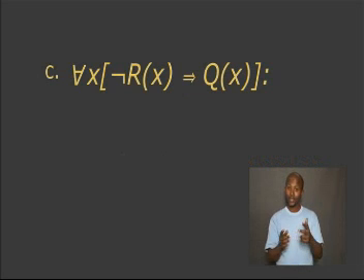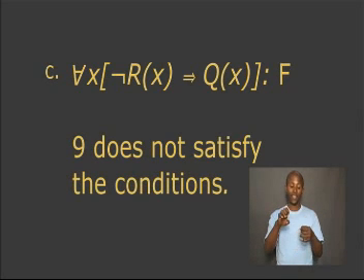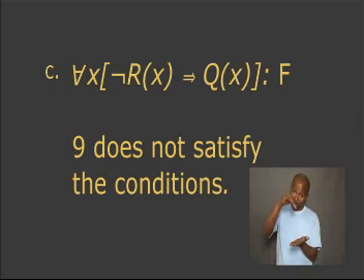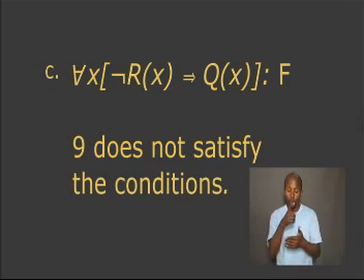The third statement says, for all x, if x is not a prime number, then x is an even number. Once again, 9 does not satisfy this condition, so the truth value is false.